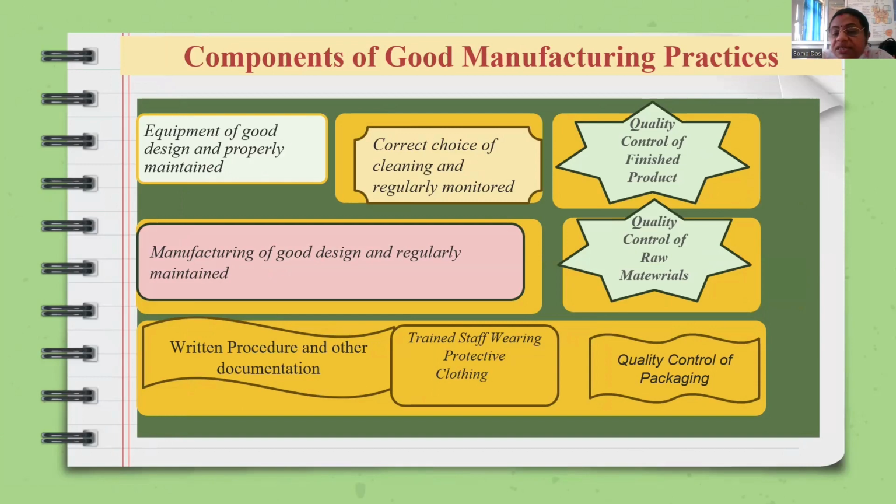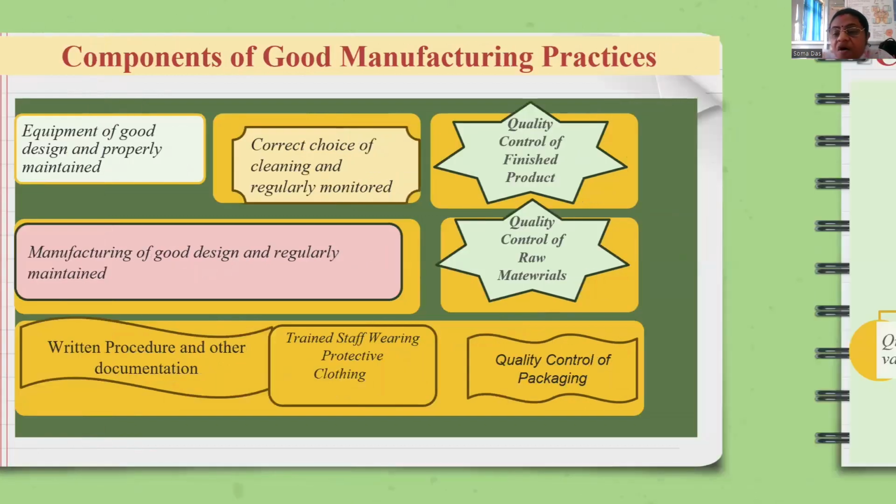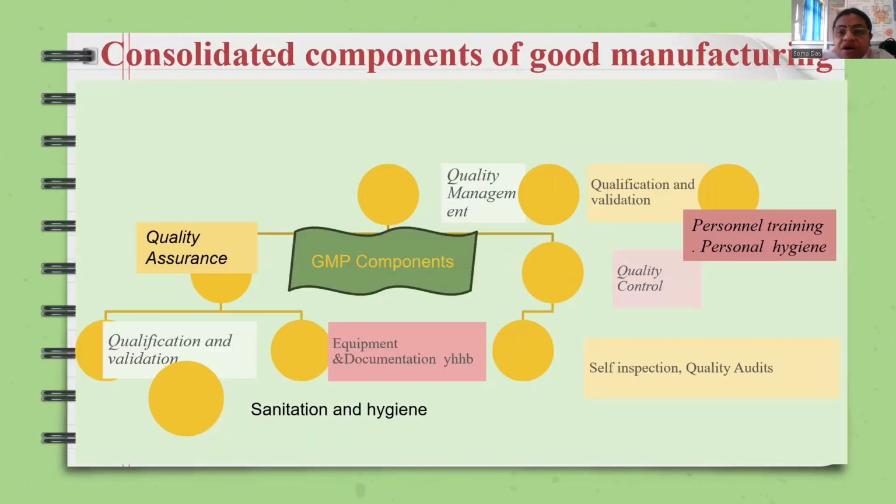Their protective clothing is also a parameter we have to take care of properly: aprons, head covers, and whatever we require to protect ourselves and also to protect the product from being contaminated, and finally quality control of packaging. So what are the consolidated components of food manufacturing?